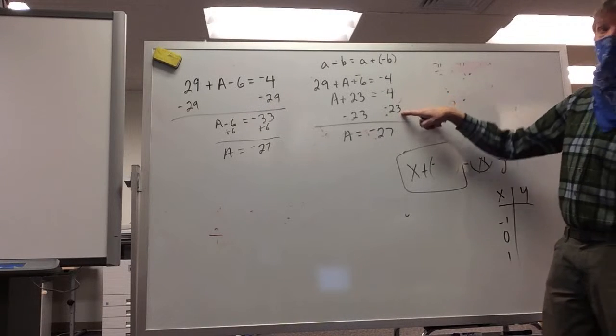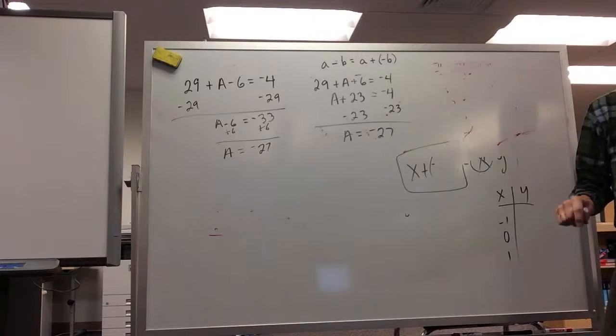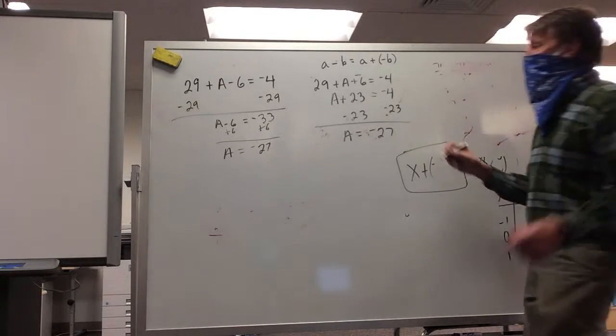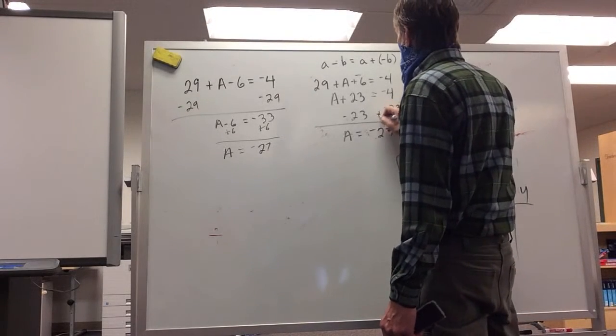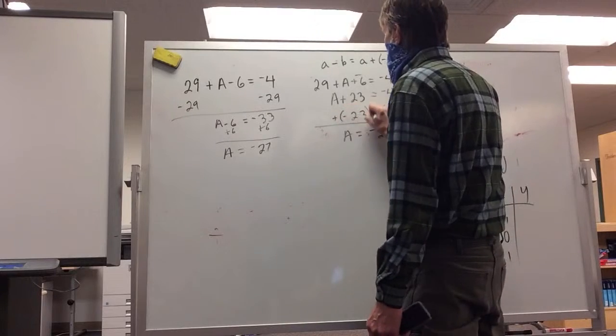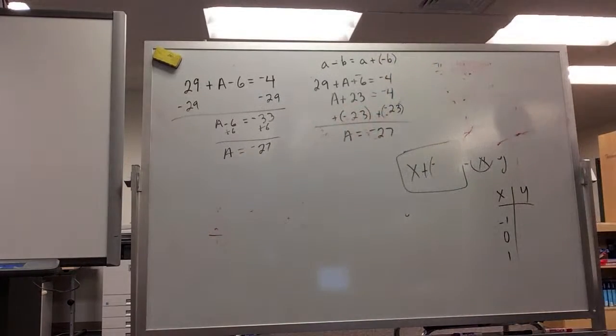Instead of subtracting 23, what could you write here? Plus, yeah, plus a negative 23. Now, you don't have to do that, but it's good to remember and know that it's happening. Just adding a negative thing, the sooner you're comfortable with it with regular numbers, the better off you're going to be, in particular next year when you're doing it with variables all the time.